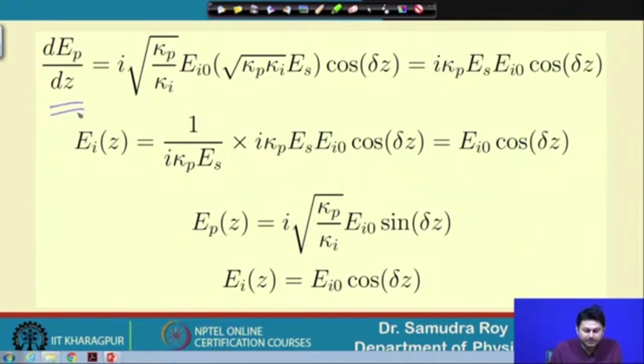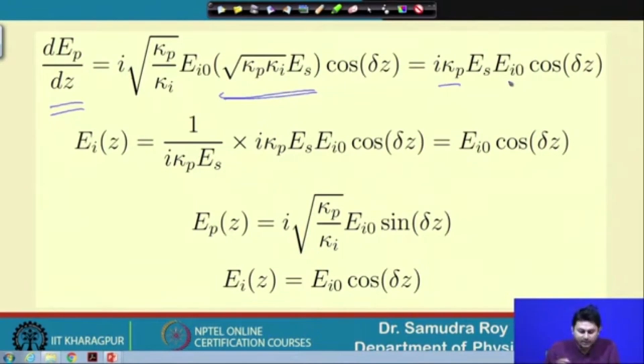So, dEP/dz is this quantity: iκP κI E0, and I put this quantity, which is nothing but δ. When I put this δ, κI will cancel out, and κP becomes iκP, and ES will be there, EI0 will be there, and cos(δz) is there.